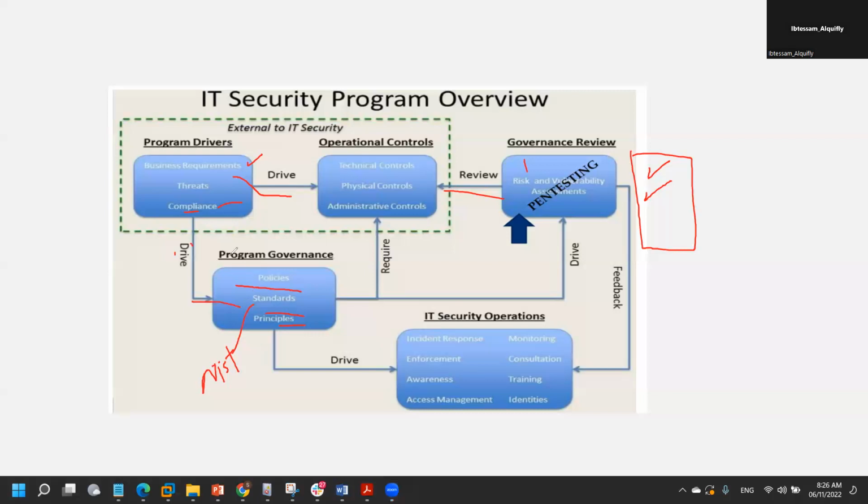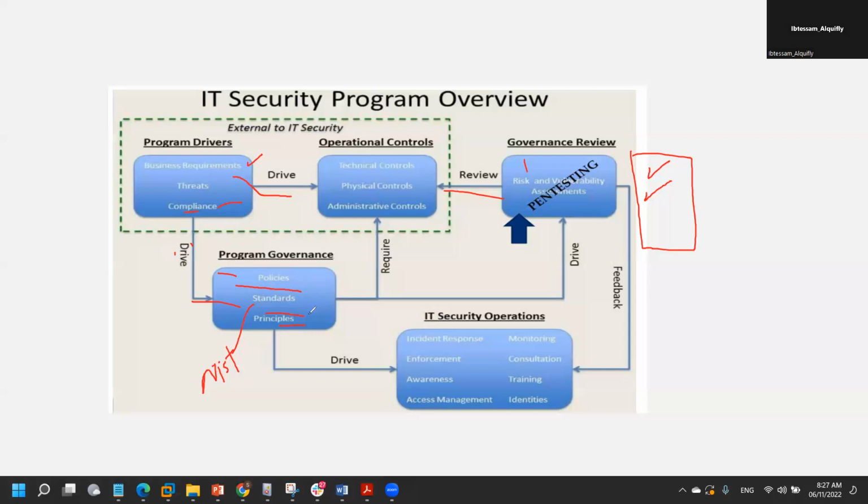Okay, and also, when you have compliance and requirements, it means the business sees there's an importance for a certain situation. So you start to come up with policies and standards. Once you have the policies and the standards, you need procedures. Procedures mean step by step how to implement these standards.